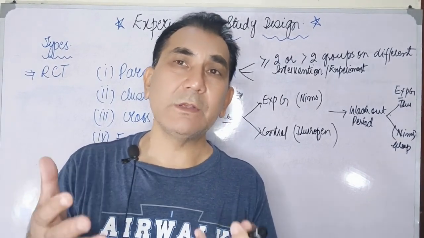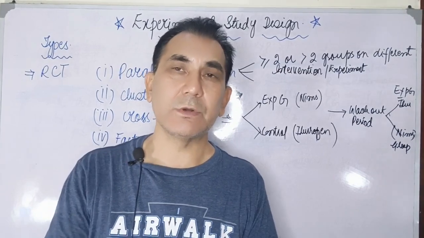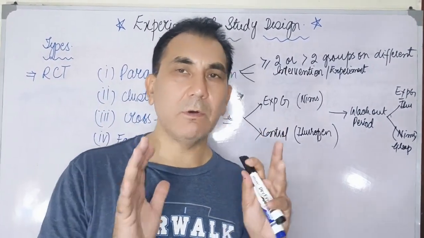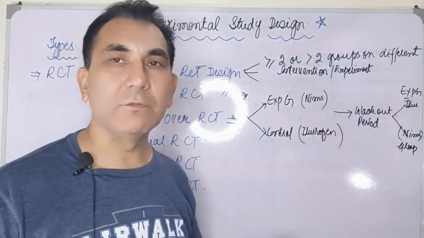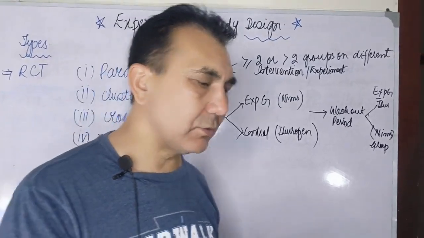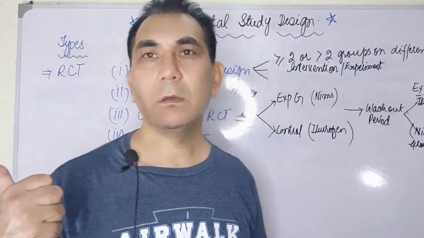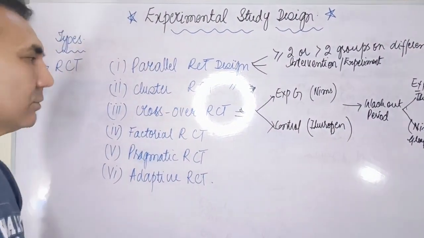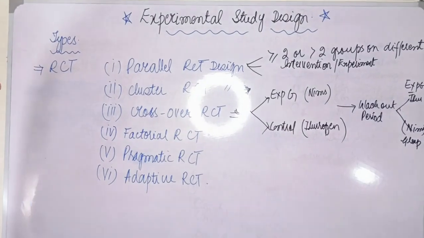The result of the new drug NIMS is quite good as compared to the old one, ibuprofen. So this is the method of the crossover randomized control trial.